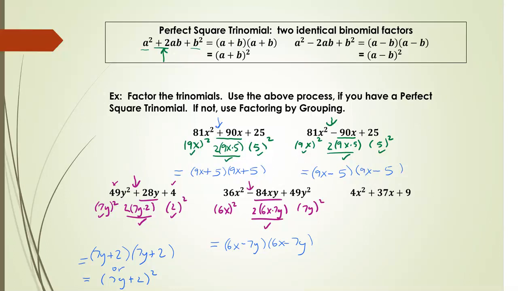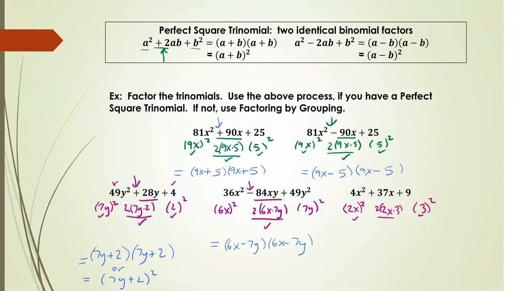The last one in this row, again, I'm looking to see for squares. I see squares on the outside, the square of 2x and the square of 3. In order to know if I have a perfect square trinomial, though, I have to take 2x and multiply with 3. That's this and this multiplying, and then double it.